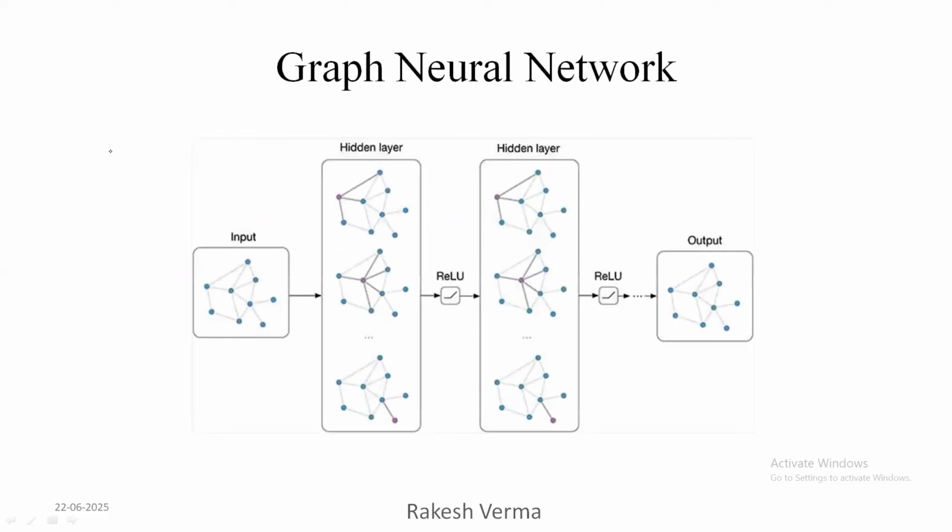After this we come to the next concept, that is called a graph neural network. It is another term defined in the context of LLMs or generative AI models. So what is a graph neural network?